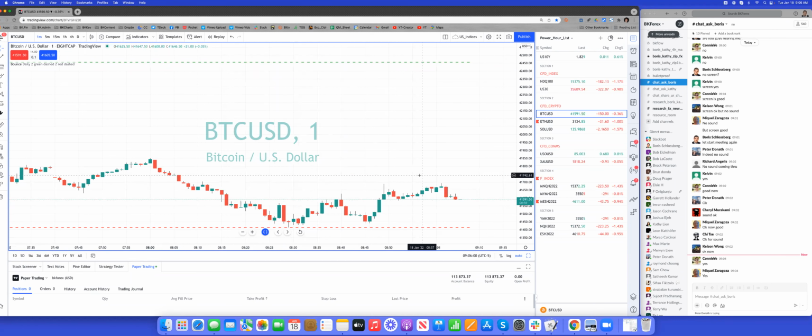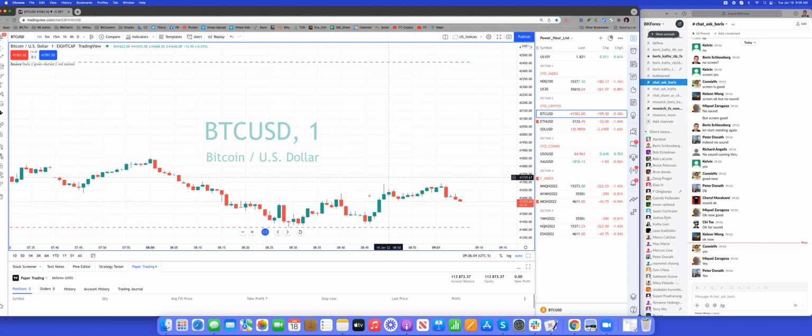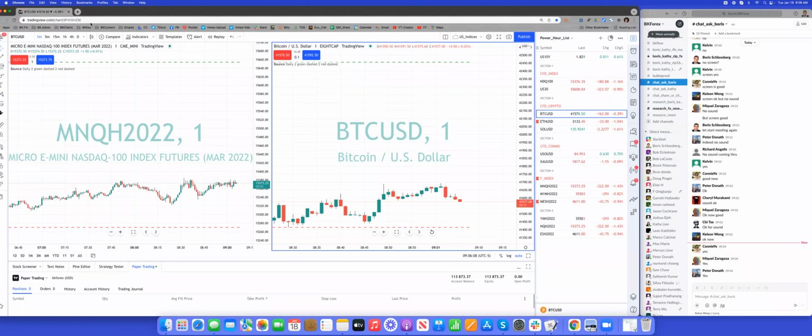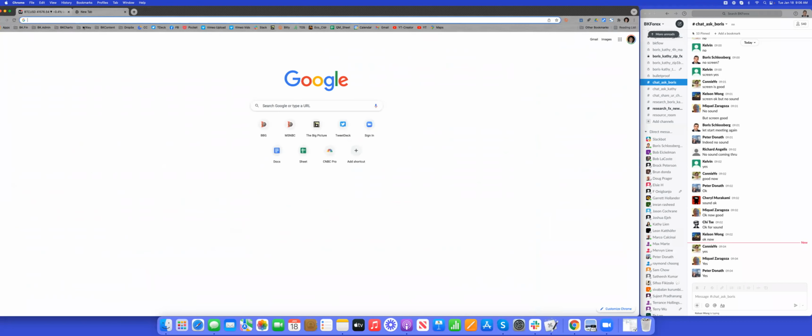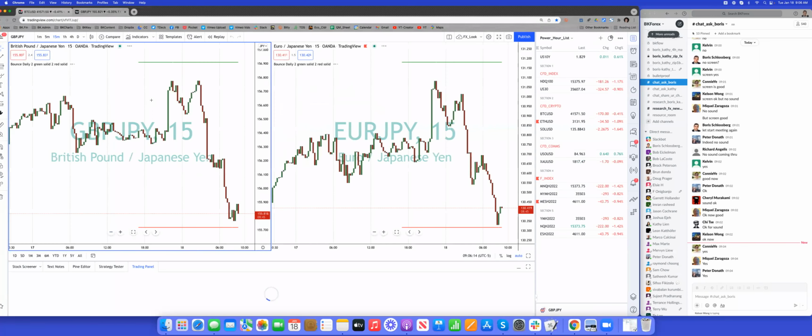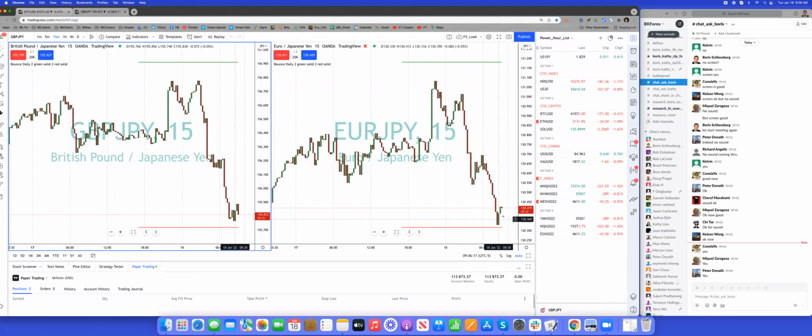Now, this is especially important on FX. So if I go to the FX charts, let's just go to the majors. Here's a great example. Here's Euro Yen. We actually have a trade in Euro Yen, a legitimate trade.